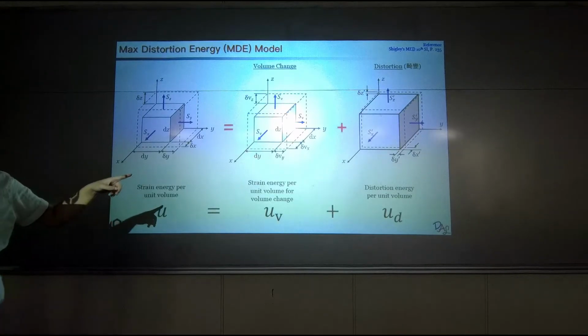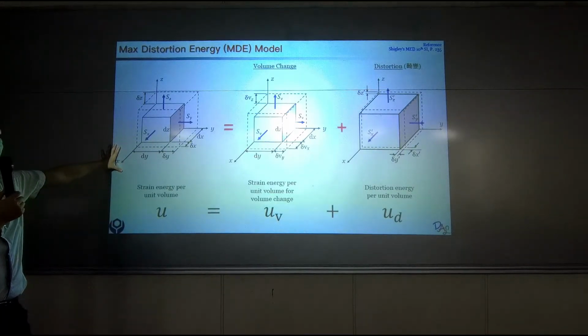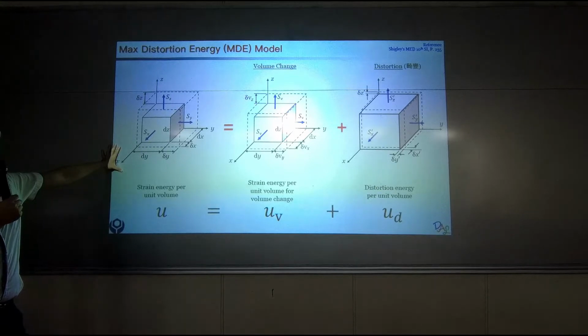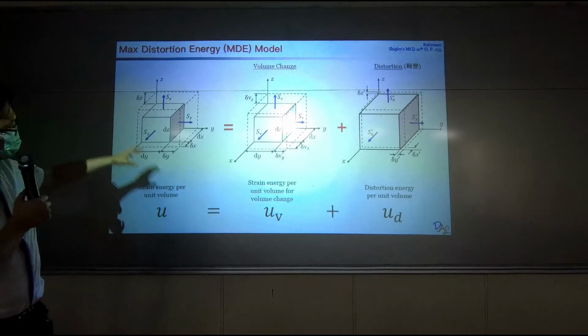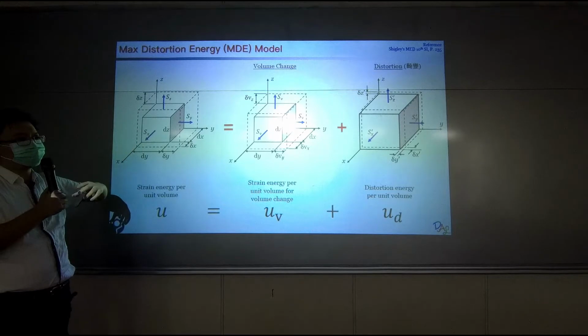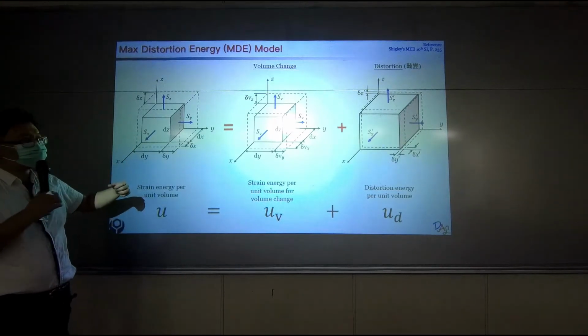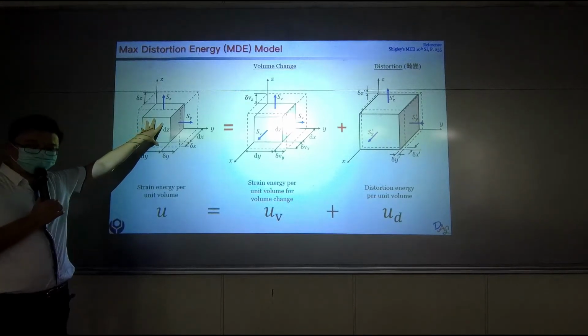This part of the video could be difficult to understand. What is distortion? When people define distortion, it means a kind of deformation that doesn't cause volume change. And we call it distortion. But for a general loading condition, you could be shrinking the material or stretching the material. When you shrink or stretch the material, the volume will change.